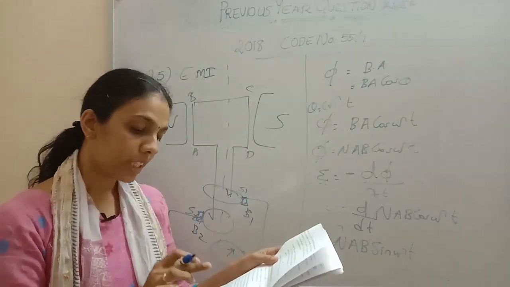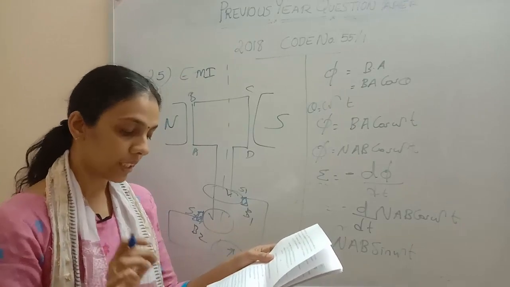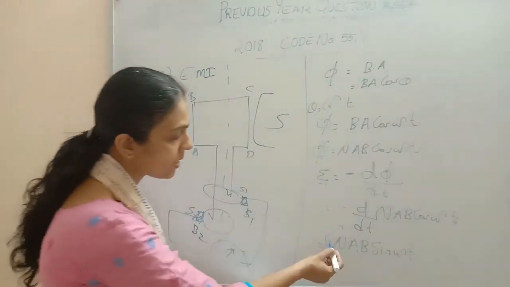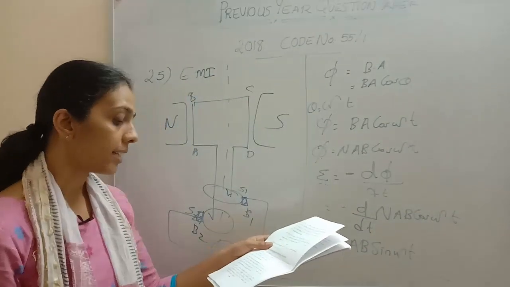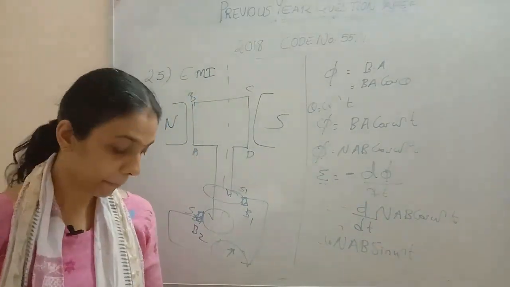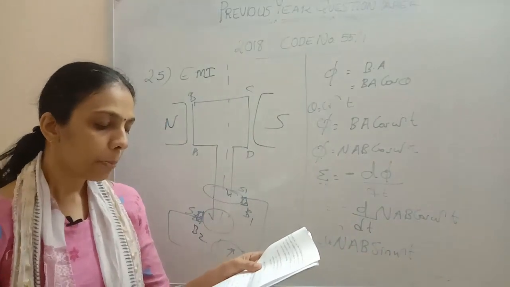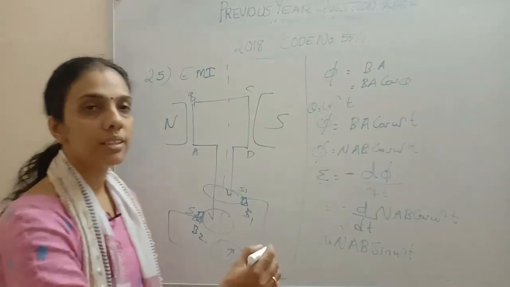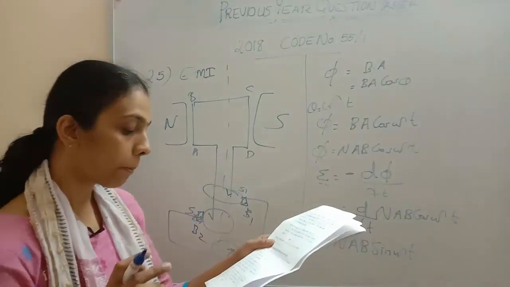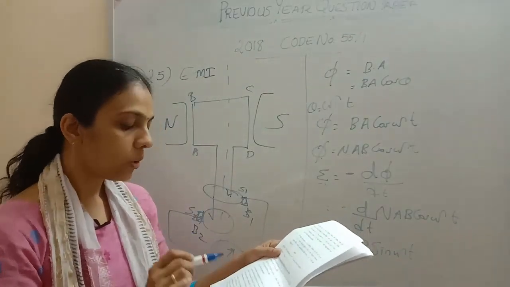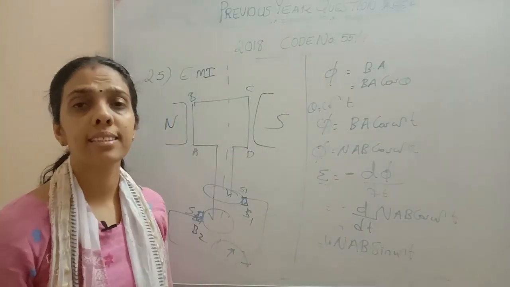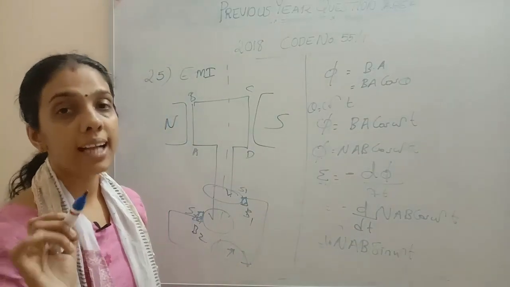Find the expression for EMF induced in a coil having N number of turns, constant angular speed omega, and area A in a magnetic field B, directed perpendicular to the axis of rotation.